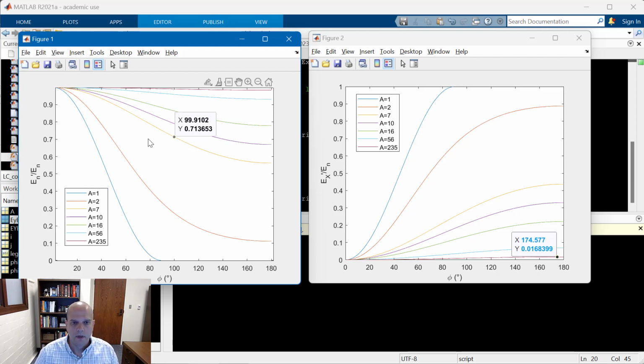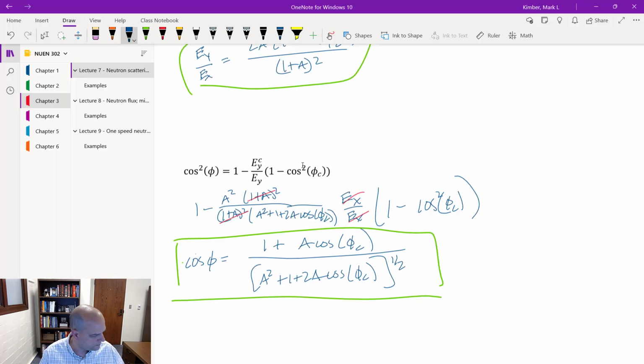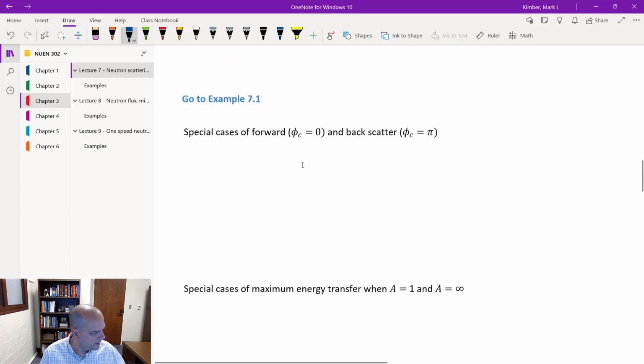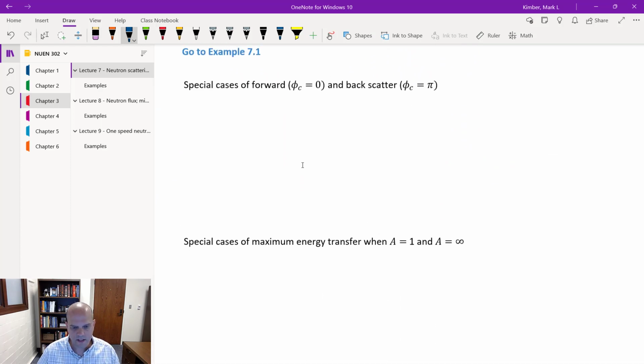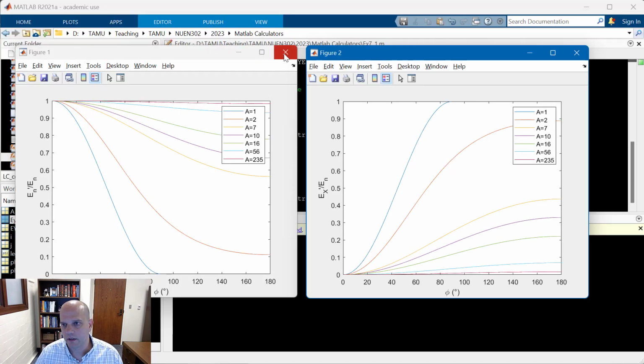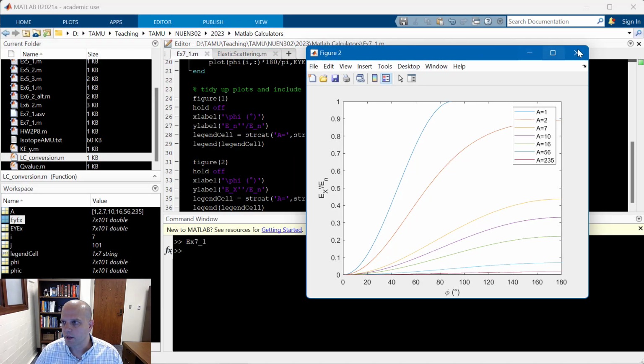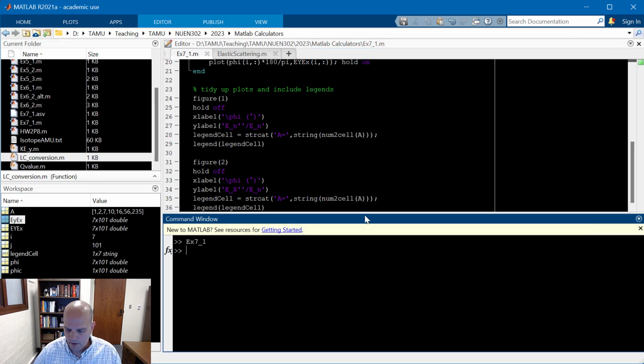Okay, so let's go back to the notes here, and let's talk a little bit more about these special cases of phi equals 0 and phi equals pi. In fact, let's go back here to the simulations, the coding, and let's make one more plot. In this one, we're going to look at phi as a function of phi c.